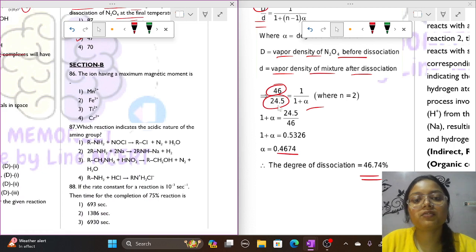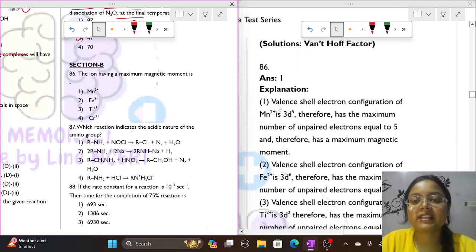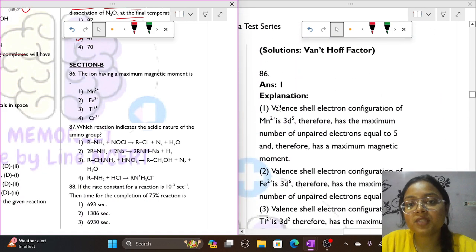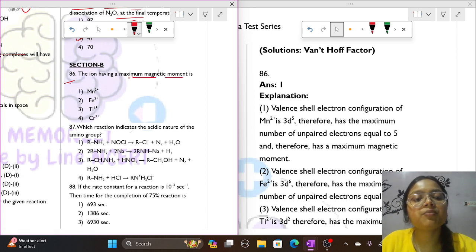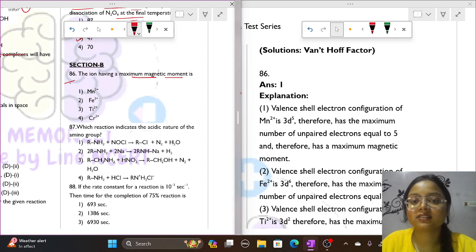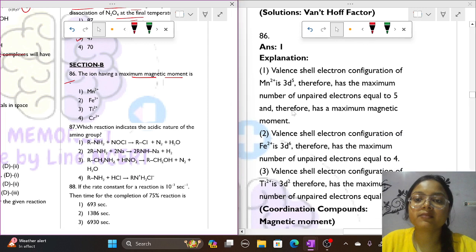So we have moved to our next section, which is section B. Question number 86. The ion which has the maximum magnetic moment. We know that the magnetic moment is calculated by the number of unpaired electrons, right?